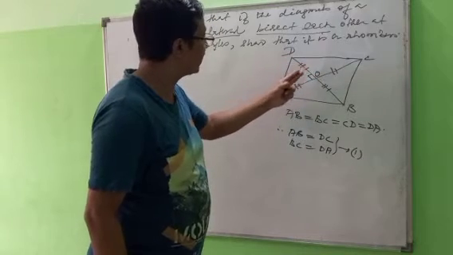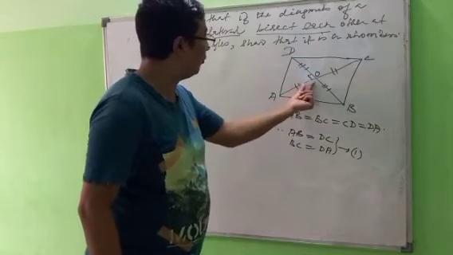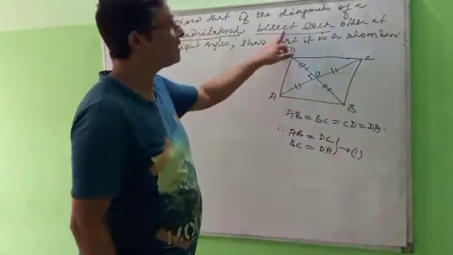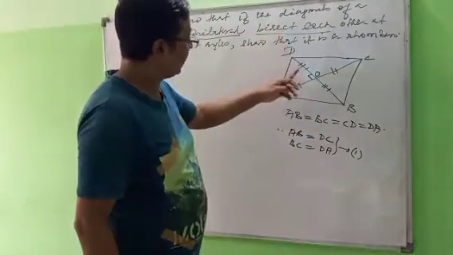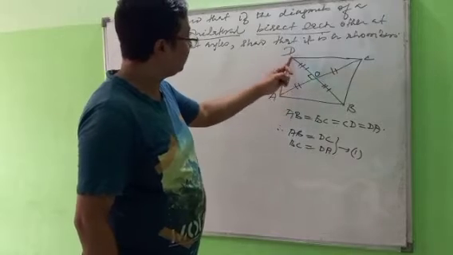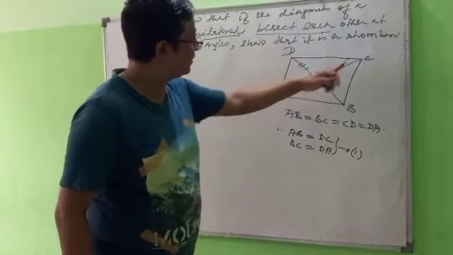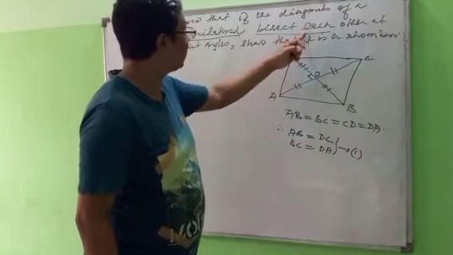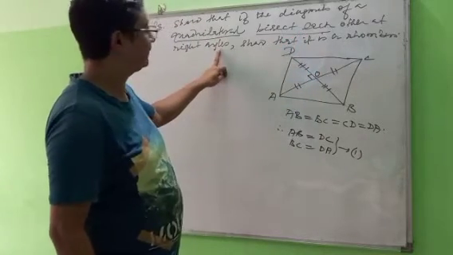So from these two triangles, you have got that AO equals CO, which is given because the diagonals bisect. And then angle AOD is equal to angle COD, being 90 degrees because the diagonals bisect at right angles.